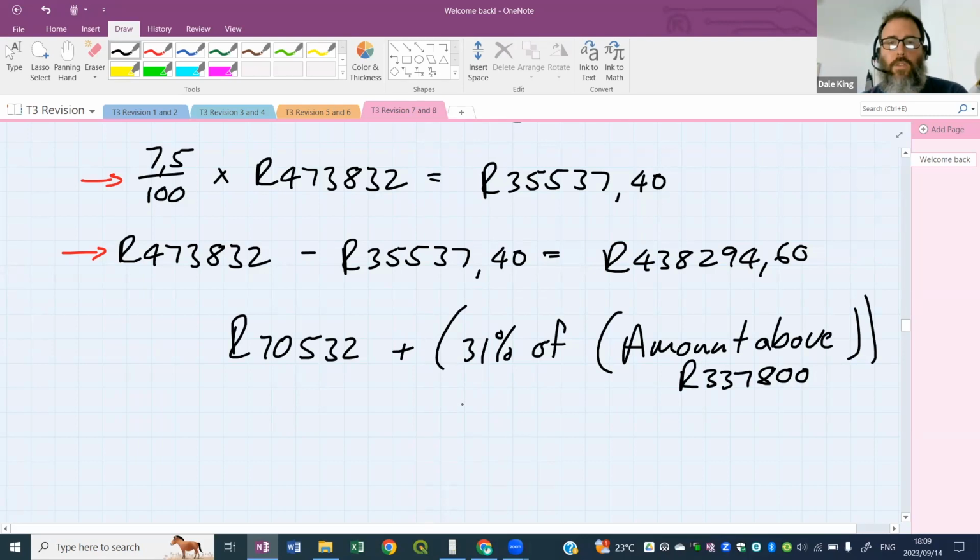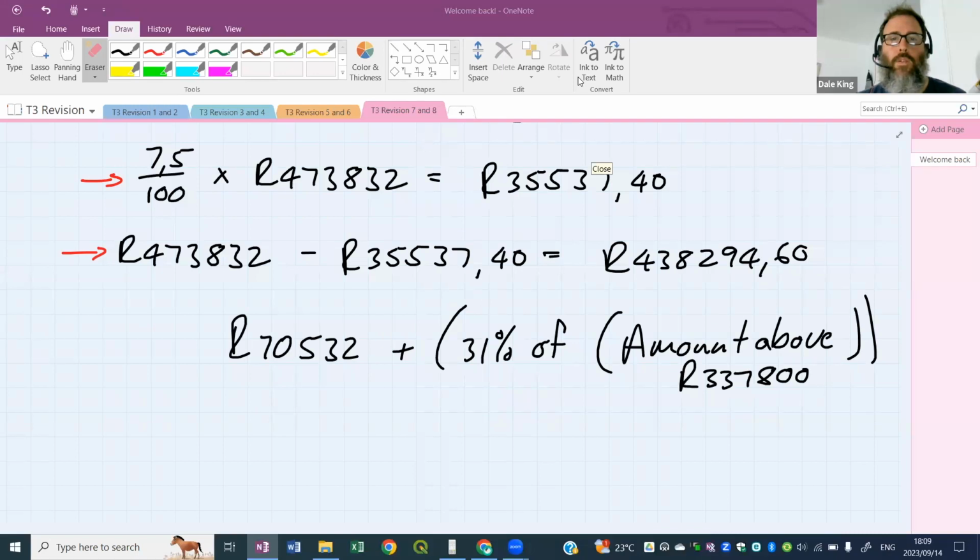So let's do this step by step now. I need to work out the amount above 337,800. So this 438,000 that we have that is taxable, how much is that above? What math do I need to do here? Everyone can just type it in chat. Razan, you may be excused, but I hope you come back.